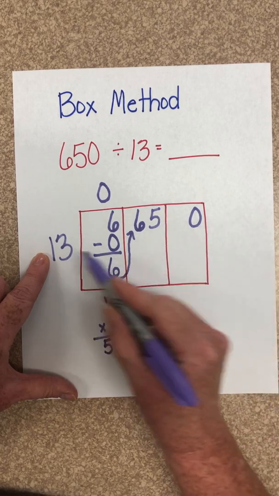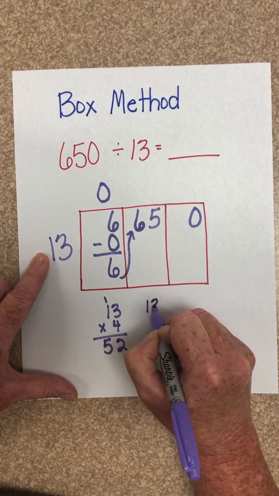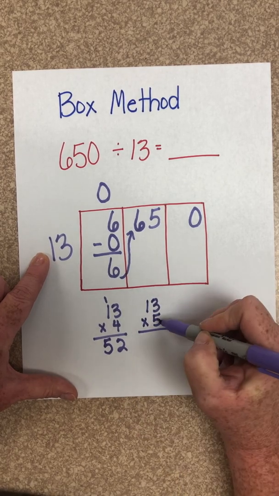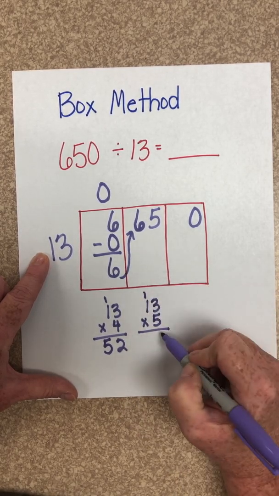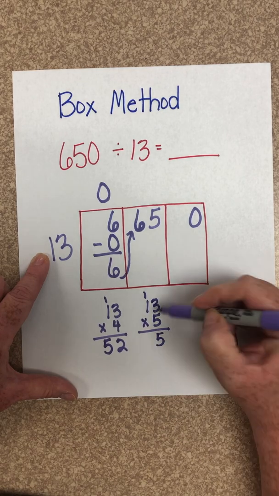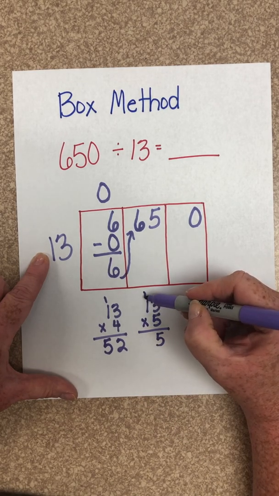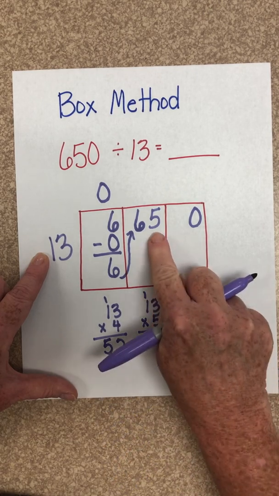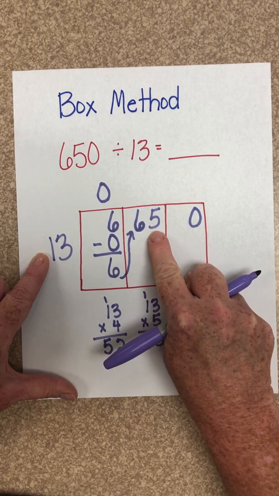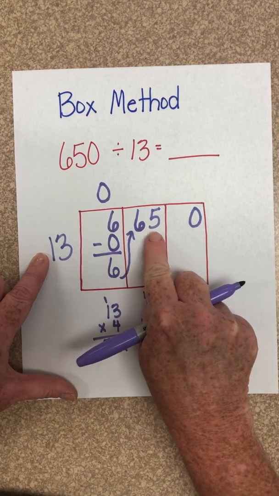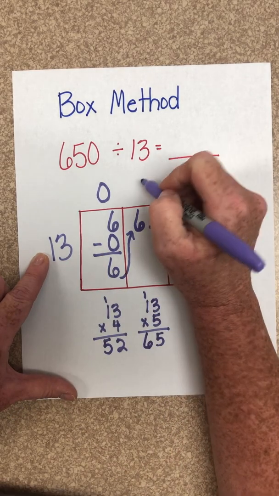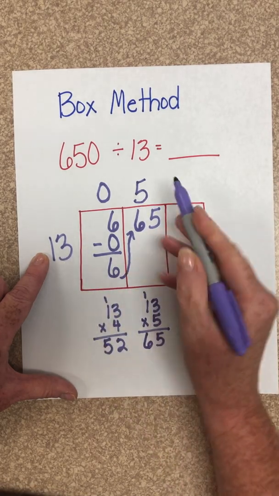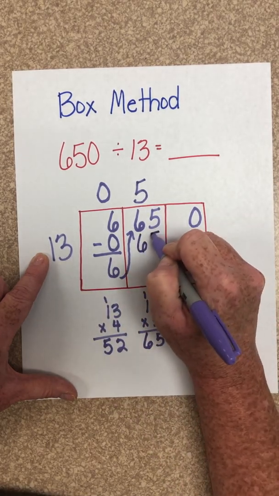Let's try 13 times 5. 5 times 3 is 15. 5 times 1 is 5, plus 1 is 6. 65. And that's what we're looking for. So how many 13s go into 65? 5. 5 times 13 is 65.